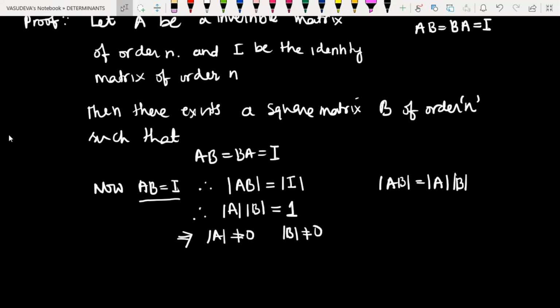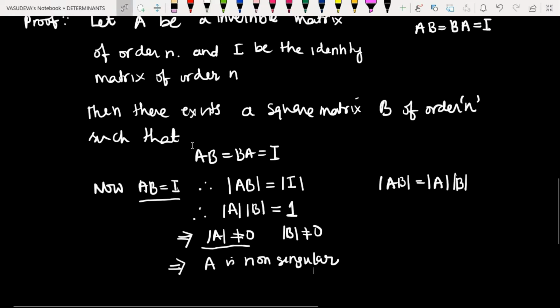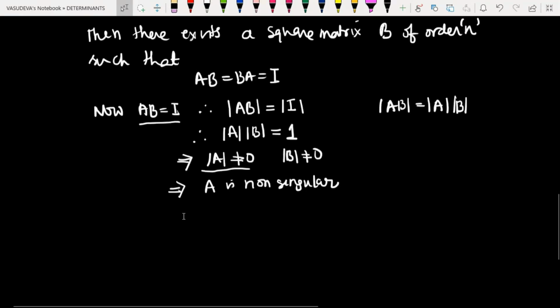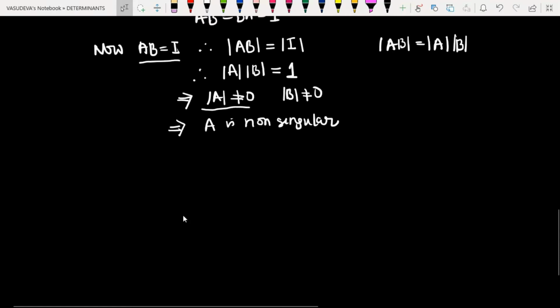Therefore, A and B are non-singular matrices. So by taking A as an invertible matrix, we have shown that A is non-singular.